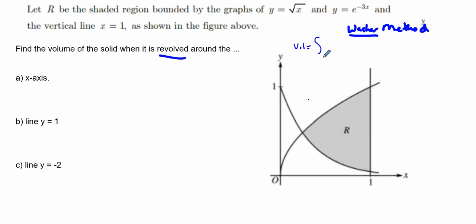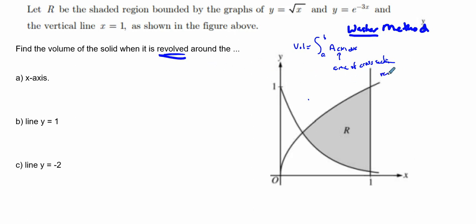To find the volume of any solid, you need to integrate from A to B the area of the cross section, and you're going to multiply that by dx, which is the width, which helps give you volume. You take the volume from A to B, and we're just going to add up all these small little volumes together.